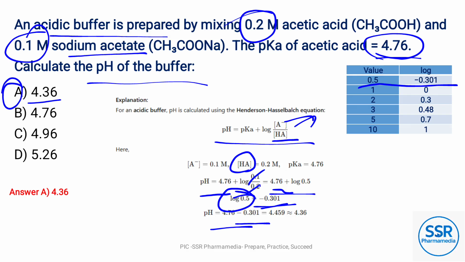Now you substitute it here: pH is equal to 4.76 minus 0.301, which is equal to 4.459, approximately 4.46. So the answer is option A.